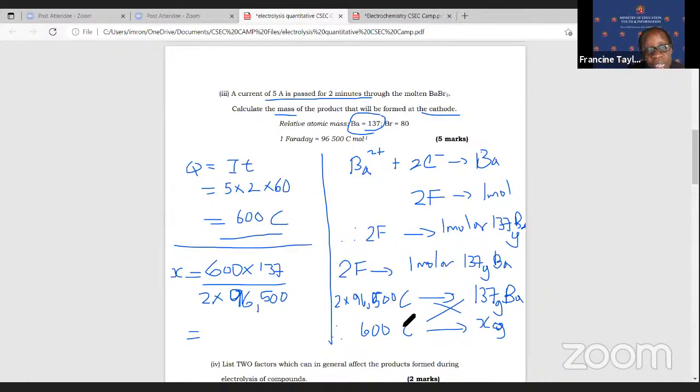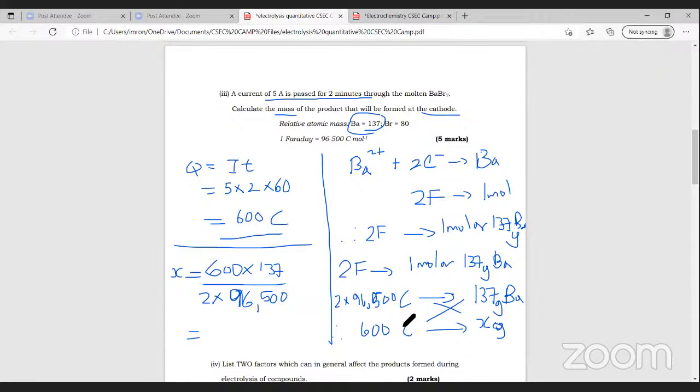So 0.426, 0.43 grams. Okay, 0.426. That's what I am getting. 0.426 grams. There you go.